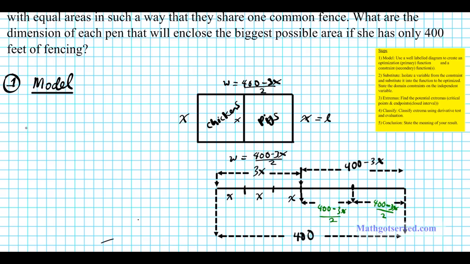Now our area, our area is going to be, well, let's label our functions in a manner consistent with our setup here. So we need the optimization function. So optimization function is what we are maximizing or minimizing. Okay, so what's the optimization function here?